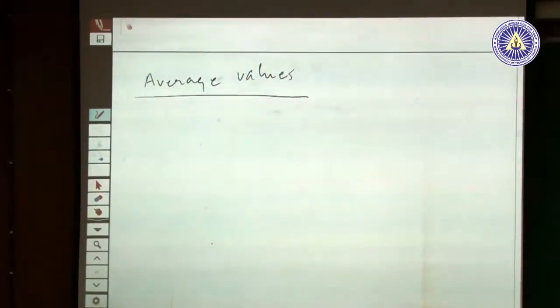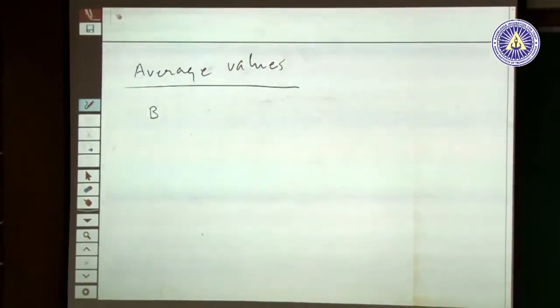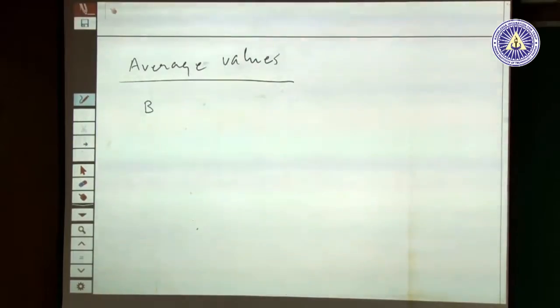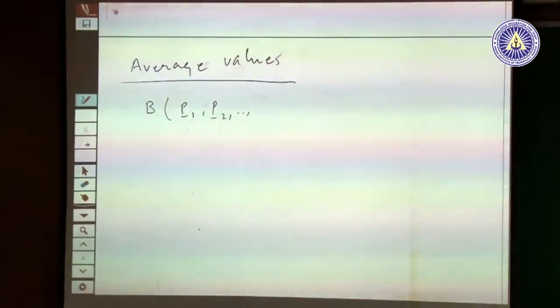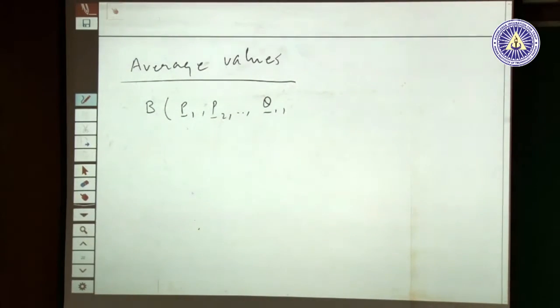So, for any quantity B, that could in general depend on momentum and so on and your connector vectors, right.